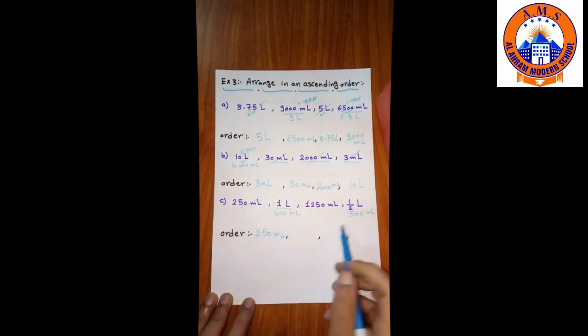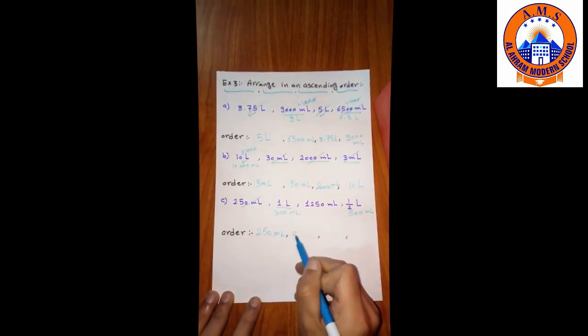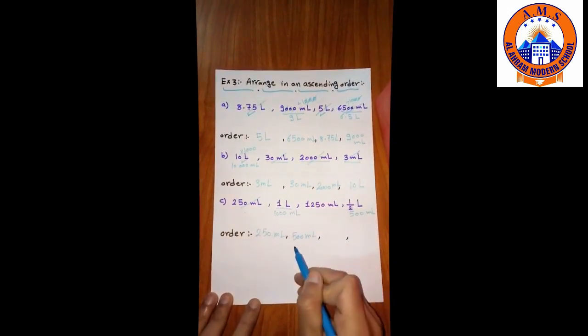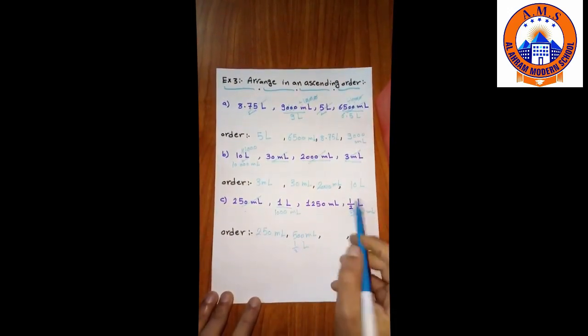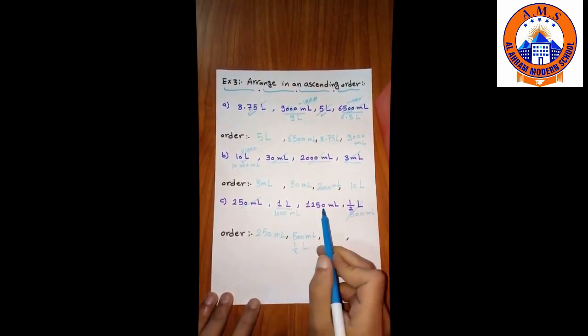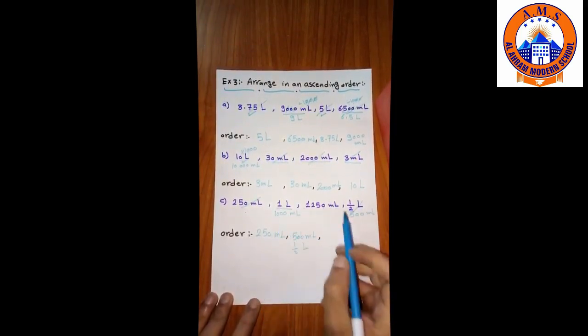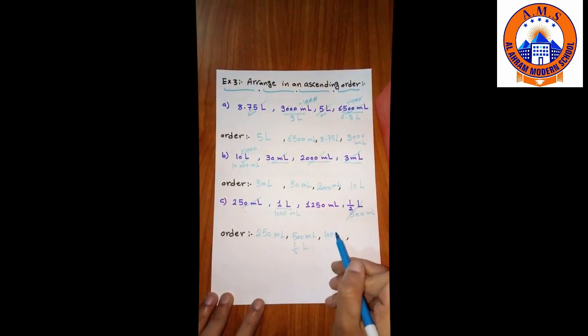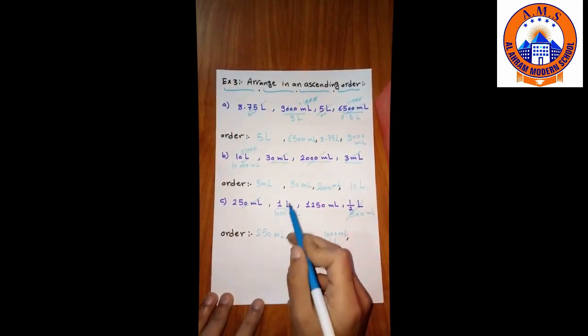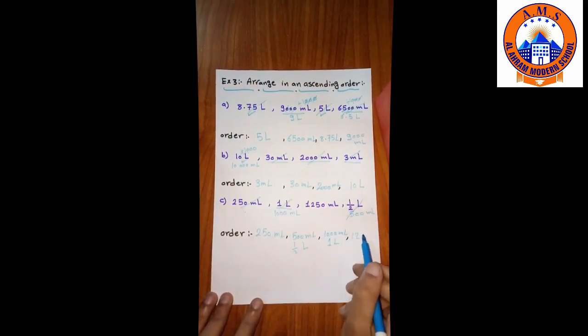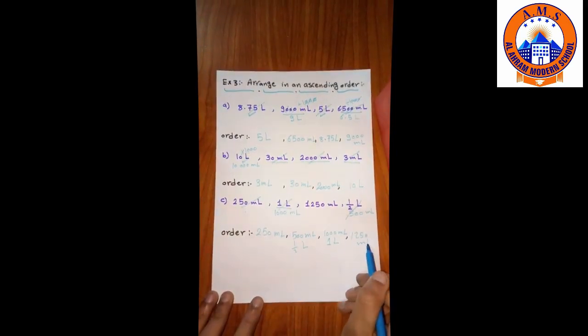So I cancel it, and then we have 500 milliliter, which was half liter. So I cancel it. Now I have 1000 and 1250. I'll choose 1000 milliliter, which was 1 liter. And the last one is 1250 milliliters.